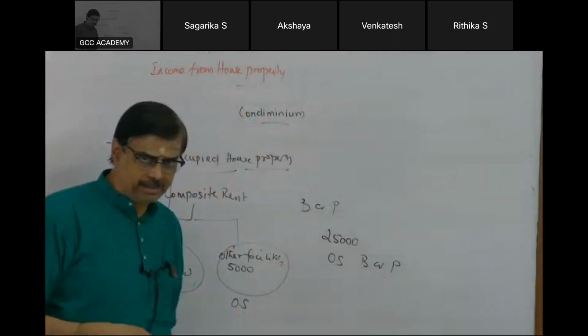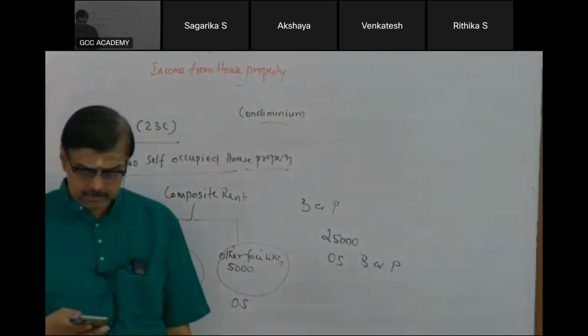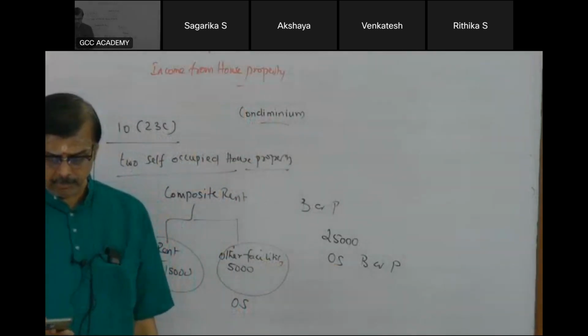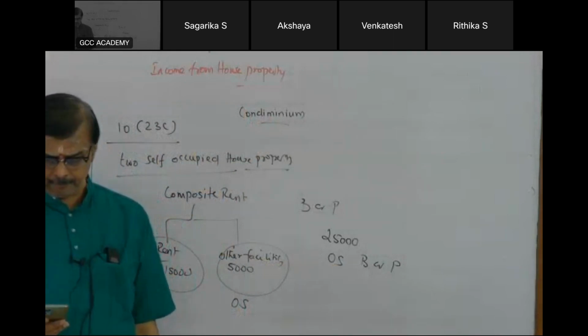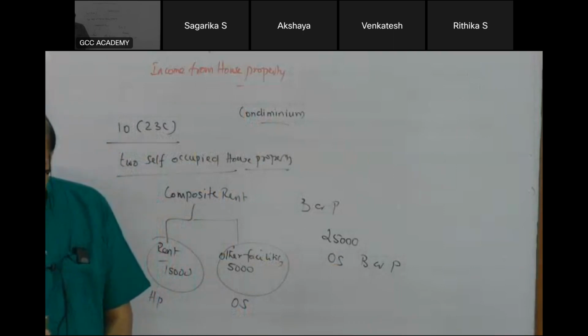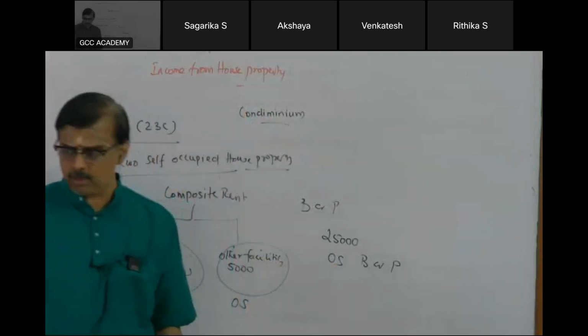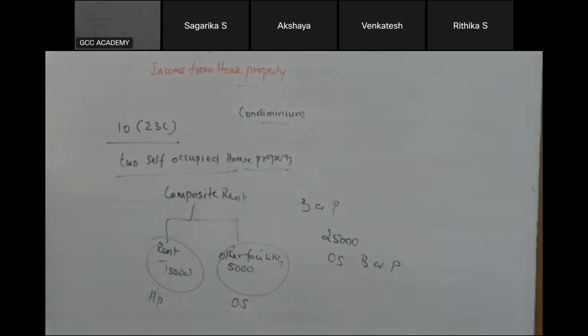Composite rent: when the rental agreement provides for a split between rent and other facilities, rent for property and other facilities, the property portion will be taxed as income from house property, and the other facilities will be charged to tax under other sources.